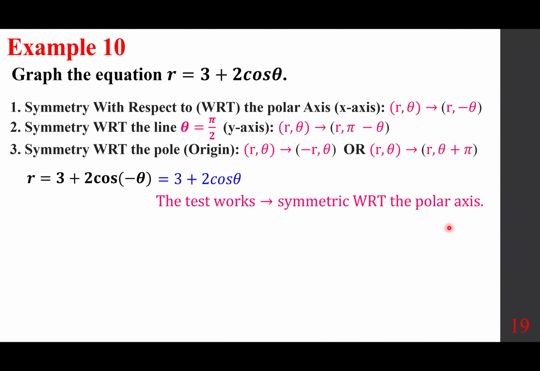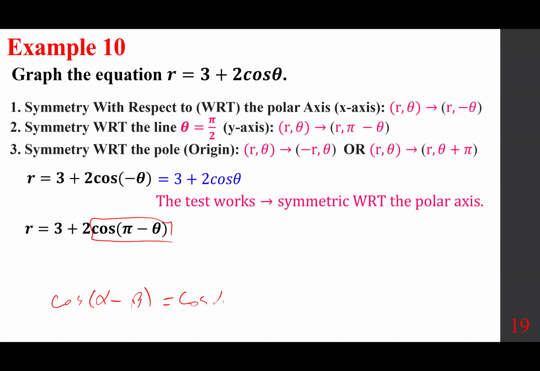It's symmetric with respect to the polar axis. So, number one, that. Now, for the next test, we are going to replace theta with pi minus theta, and we're going to distribute. Remember, cosine of alpha minus beta is cosine alpha cosine beta plus sine alpha sine beta.